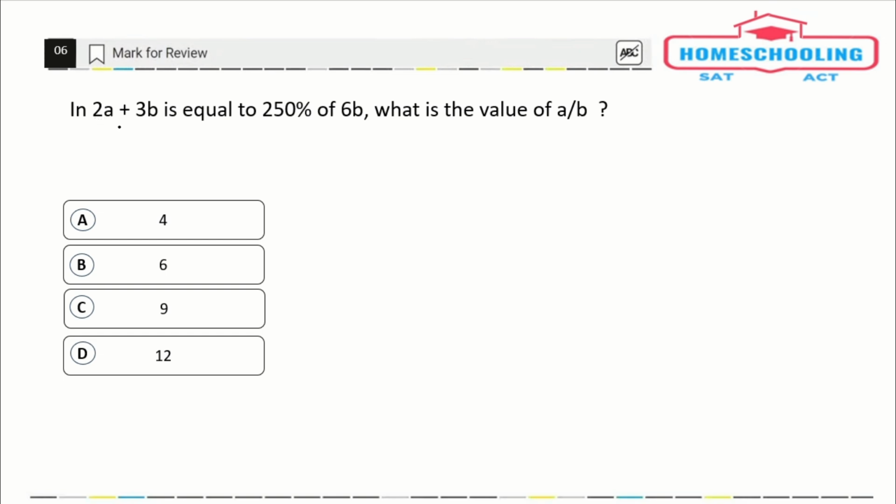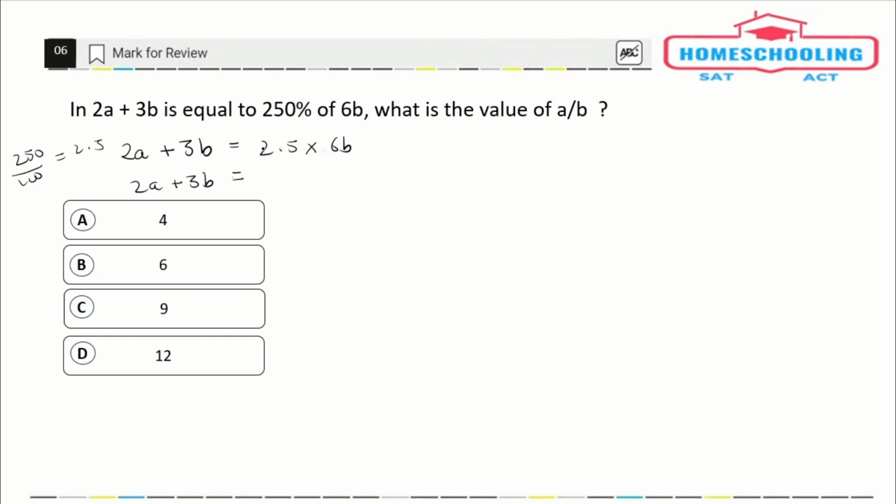In this question, 2a plus 3b is equal to 250% of 6b. So 250% divided by 100 would be 2.5. So 2.5 of 6b.